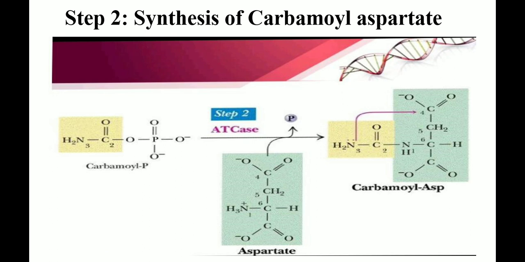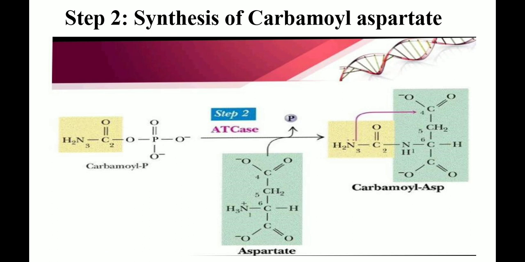When they condense with each other, they form carbamoyl aspartate, and that reaction is catalyzed by aspartate transcarbamylase, that is the ATCase enzyme. This reaction occurs without the need for ATP, because carbamoyl phosphate is intrinsically activated. The carbamoyl phosphate synthesized in the previous reaction is already intrinsically activated, so this reaction does not require an ATP molecule.